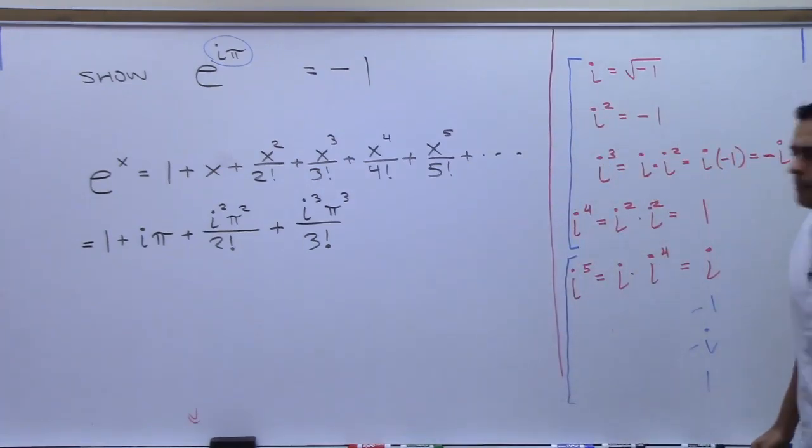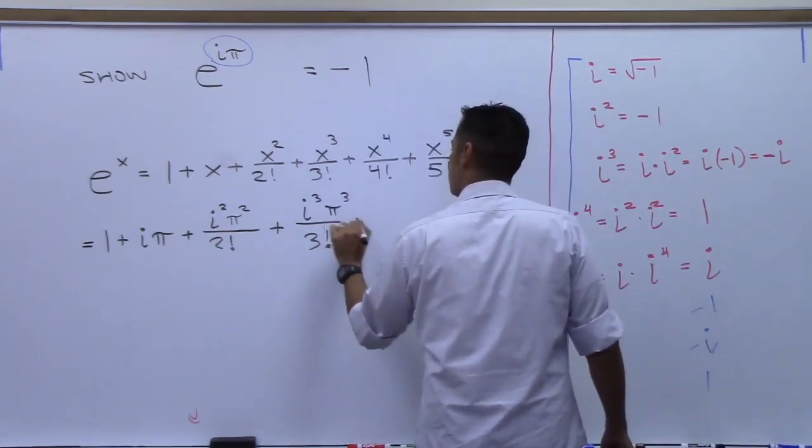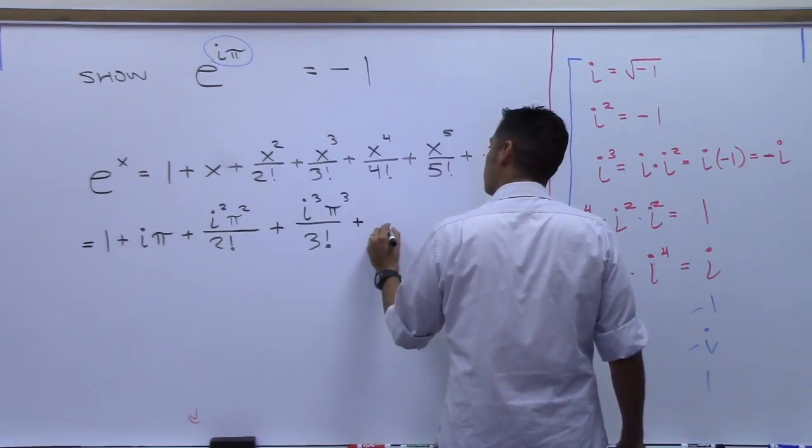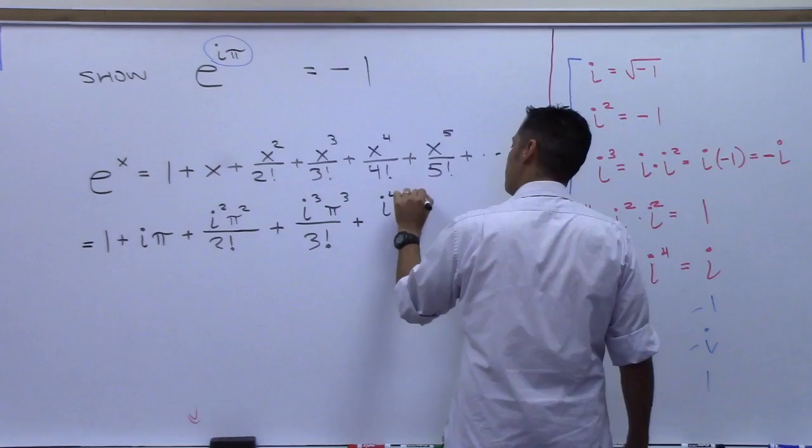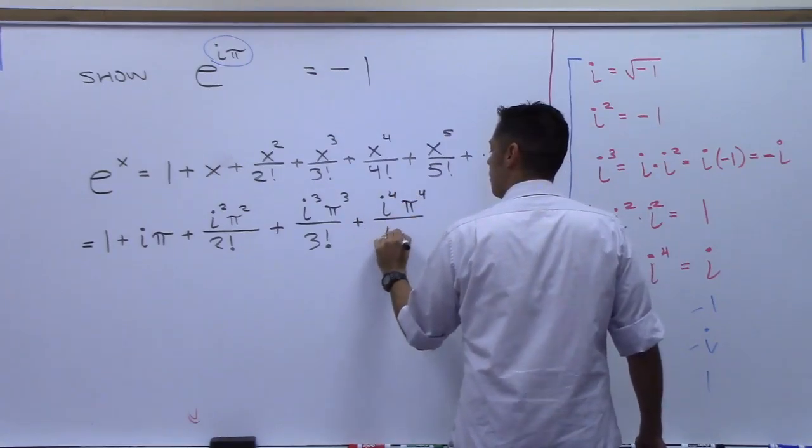Keep going. Plus i to the 4th, pi to the 4th over 4 factorial.